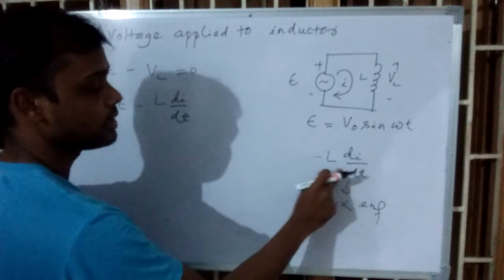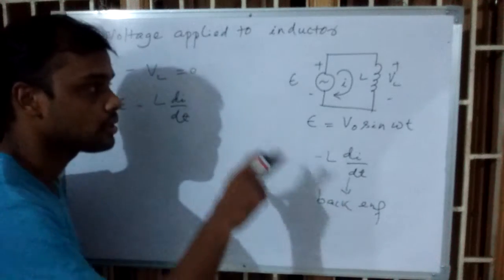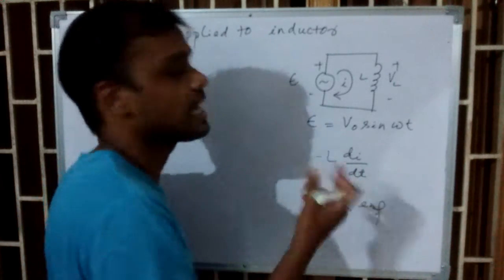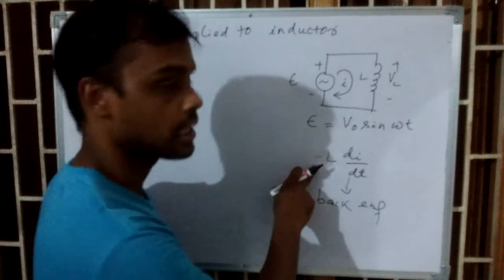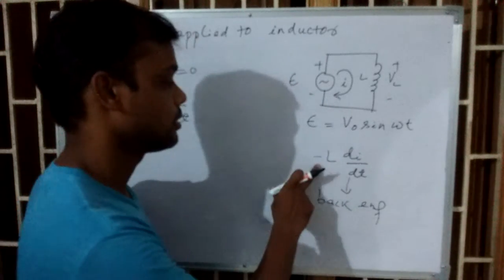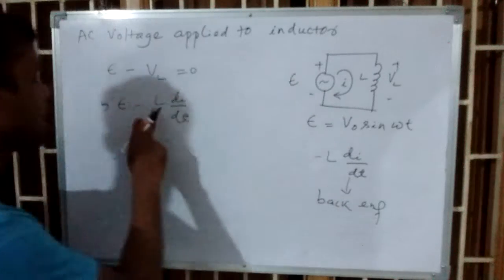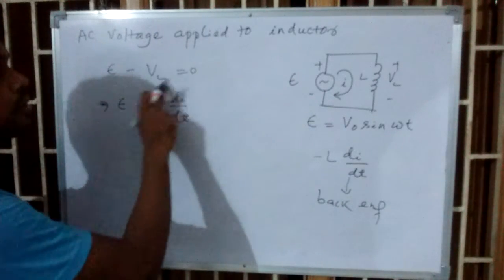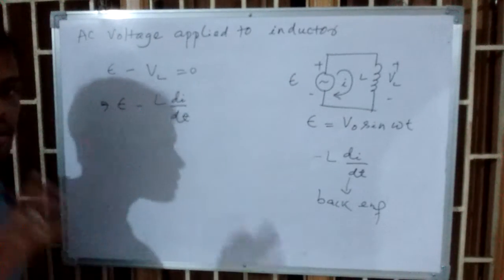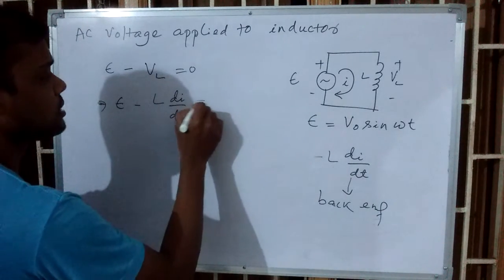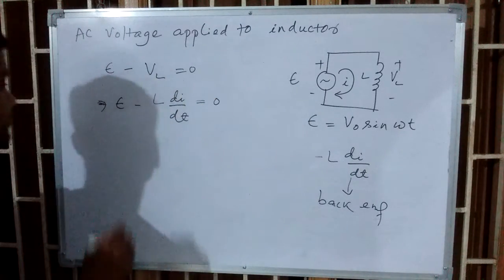This minus sign is because this is a reaction to the external current, so it is negative by Lenz's law. But here I am interested only in the magnitude of the voltage, not the minus sign. So this is equal to 0.